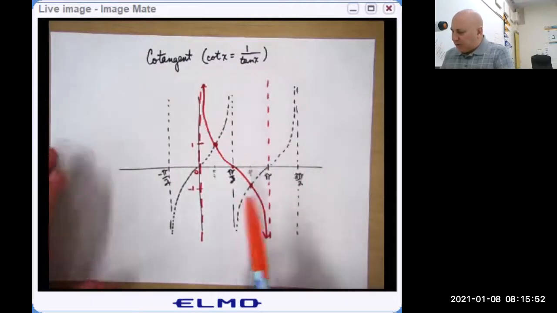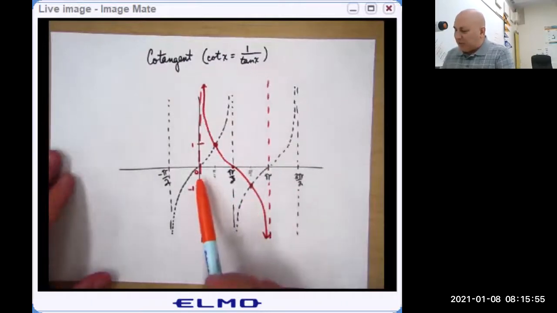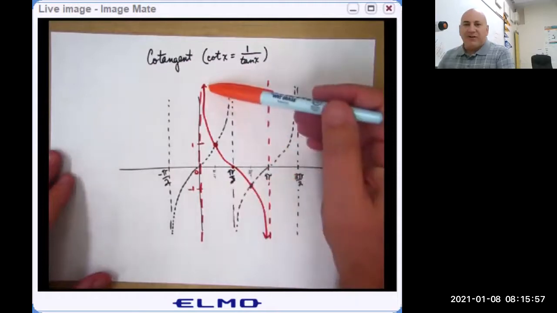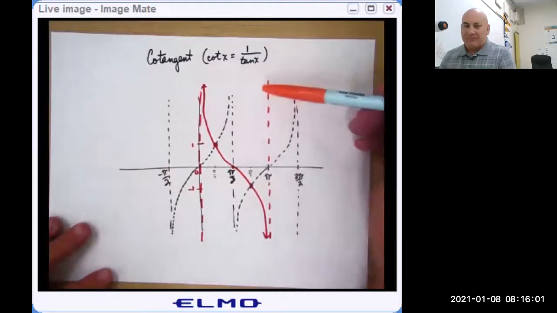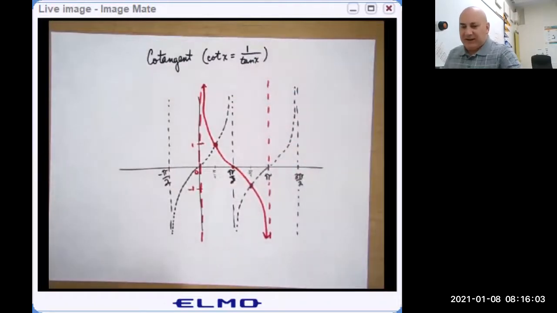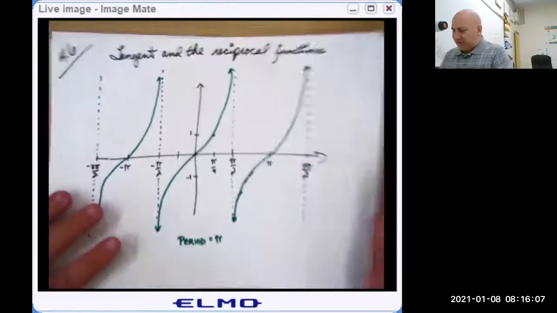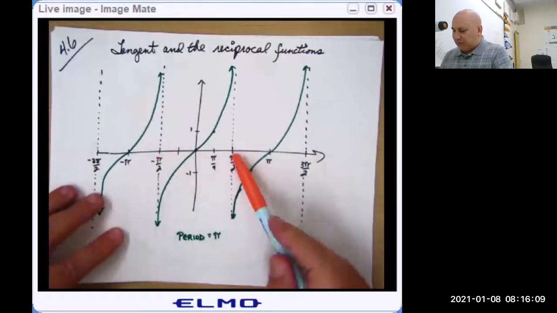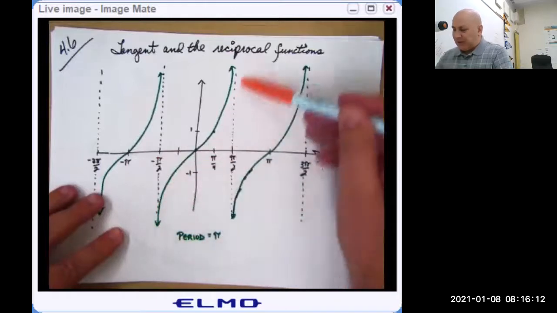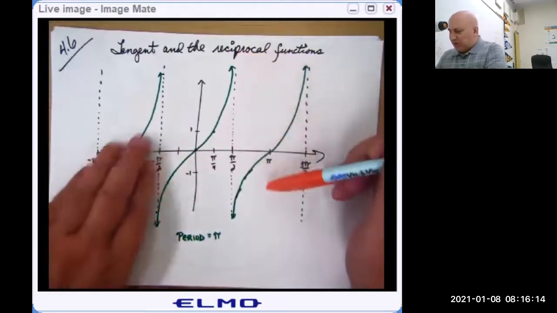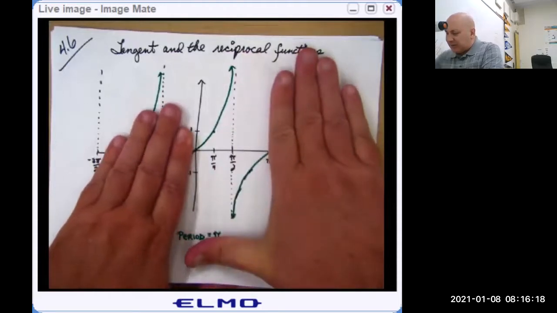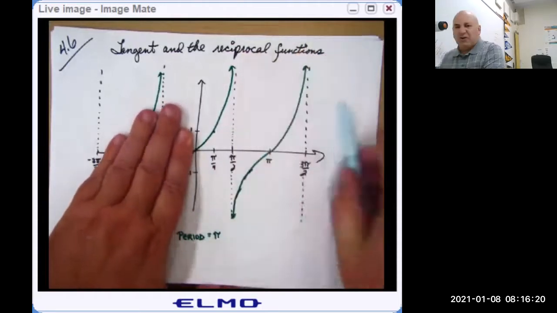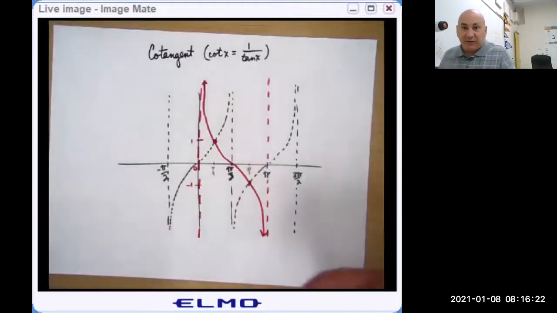So one period of cotangent is still pi. Generally, we graph that primary period from 0 to pi, just like in tangent, we normally graph it from negative pi over 2 to pi over 2, just so we have that one continuous curve. Otherwise, we just have to break it up into 2 pieces, and there's no sense in doing that if we can avoid it.